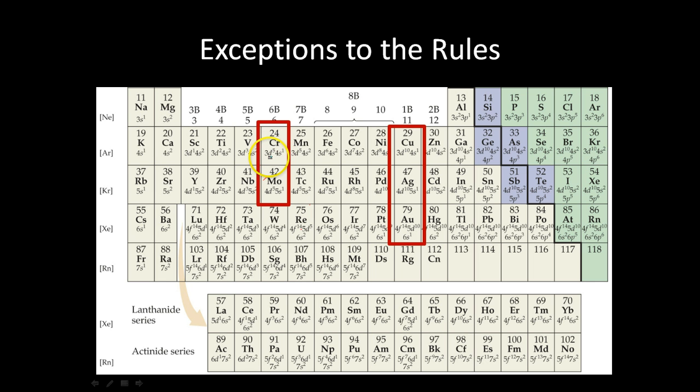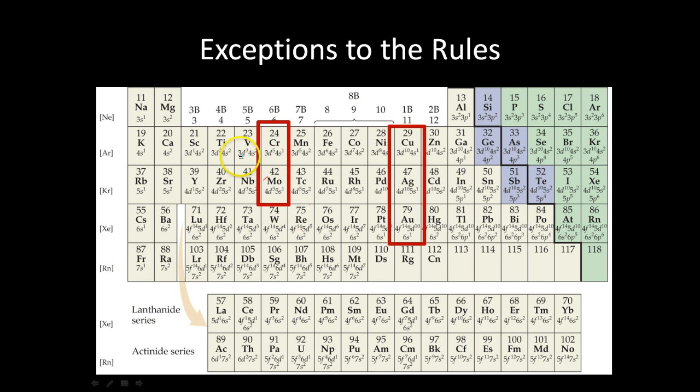Or where d has 5 orbitals, right? And so you get 10 electrons total in the d subshell. So since there are 10 electrons total in the d subshell, if you half fill it, you get a decrease of energy. And so what we have here is a half-filled s subshell and a half-filled d subshell instead of a fully filled s subshell and a not half-filled d subshell.